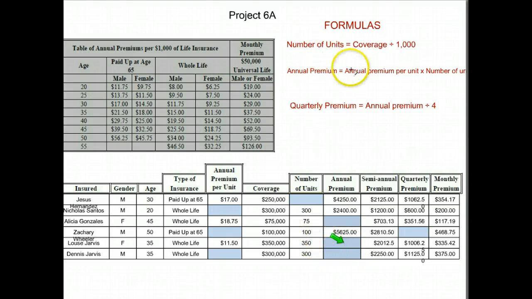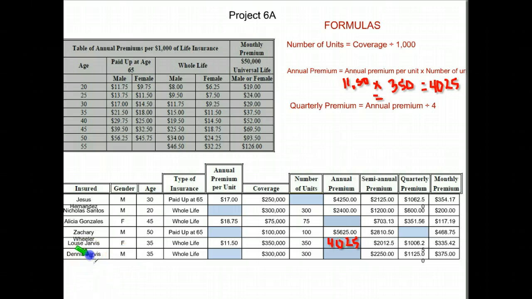So again, we take the annual premium per unit, which they found from the chart for us, $11.50, and multiply by the number of units. She was purchasing $350,000, which is 350 units. And we get $4,025 would be her annual premium. And we would put that in right there.